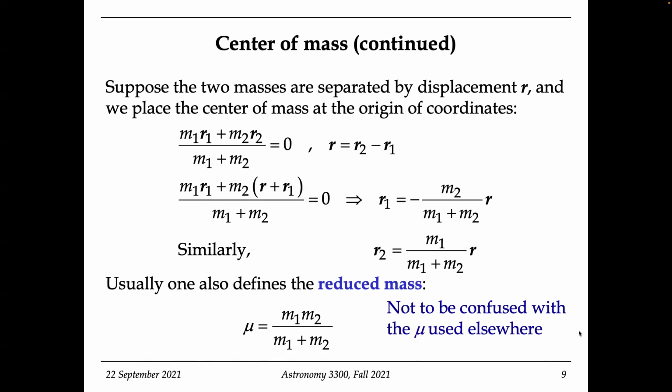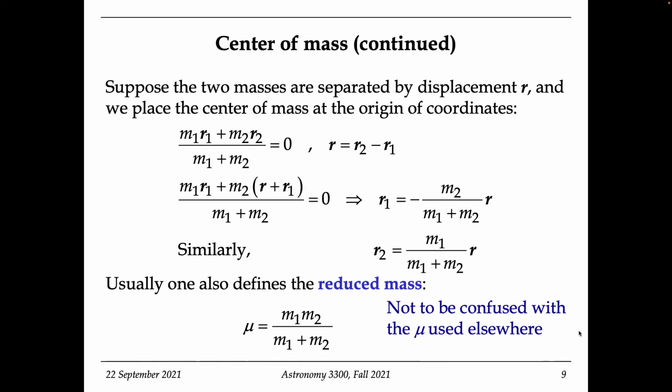The only thing to be careful with, of course, is don't confuse it with other mu's, like magnetic moment mu. So you've seen effective gravity already. That's the G effective. This is essentially the reduced mass. We call this reduced mass because it's the mass in the frame that is centered on it.